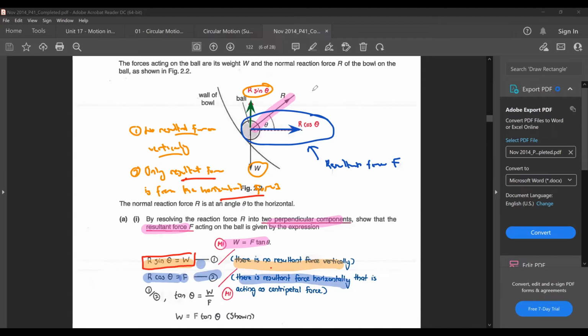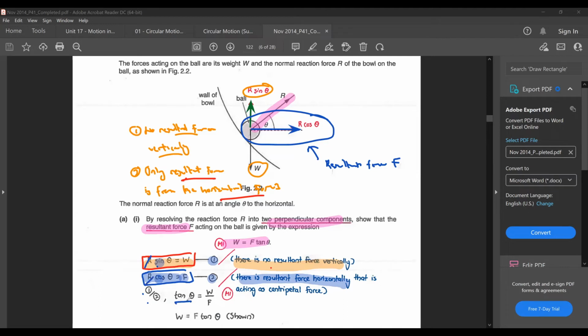So we want to simplify the equation even more. We take equation 1 divided by equation 2. We're trying to get rid of the trigo, simplifying the sine and cos into one single function. So equation 1 divided by equation 2 will give you tangent theta.